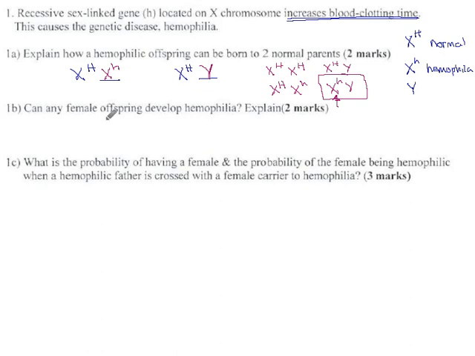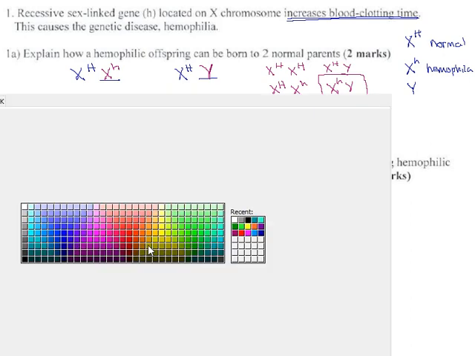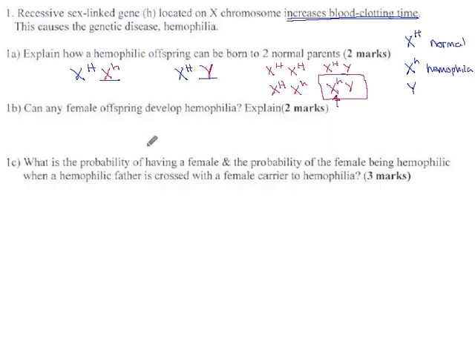Can any female offspring develop hemophilia? Let's see. Is it possible to have a daughter who's X little h, X little h? What would that mean about the parents? It would mean they got an X little h from mom, and they got an X little h from dad.